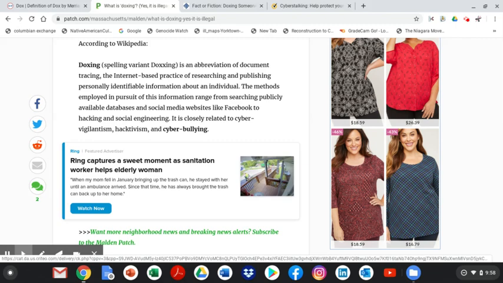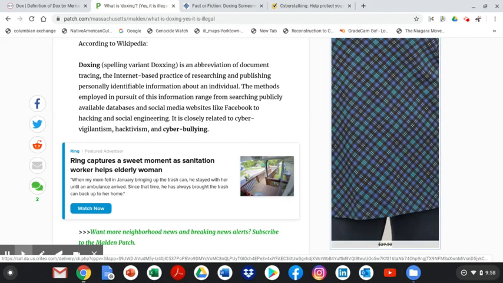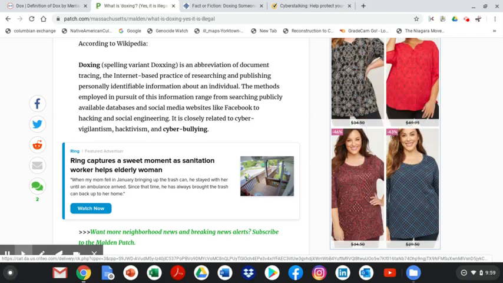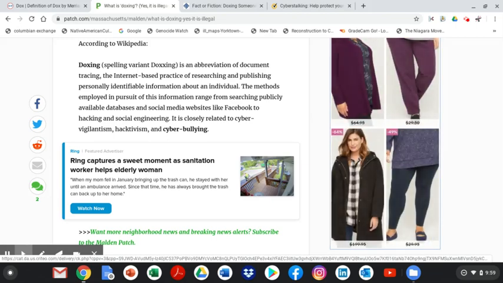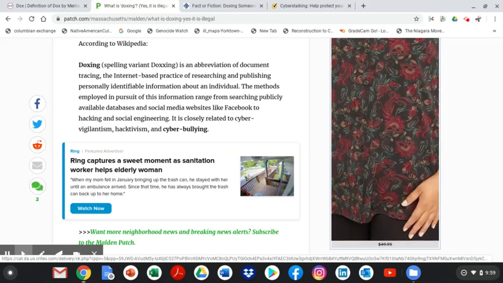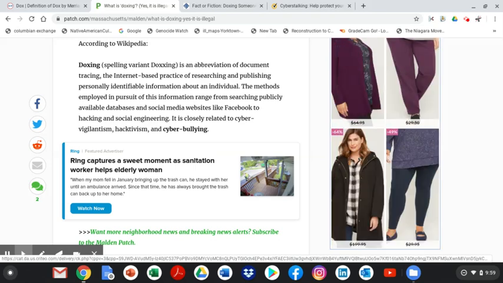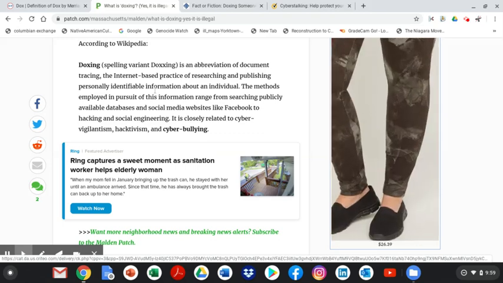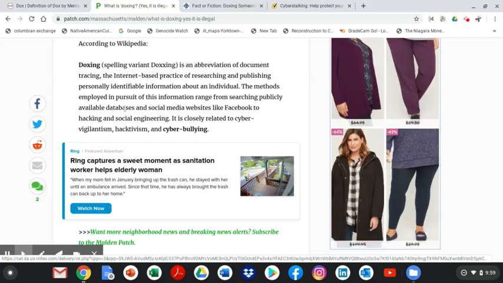It could also be your phone number, your work phone number, your personal cell phone number. It could be where you went to school, your children's names, your parents' names, where they live, what your name is on social media websites. It could be any of that information that is published out there.